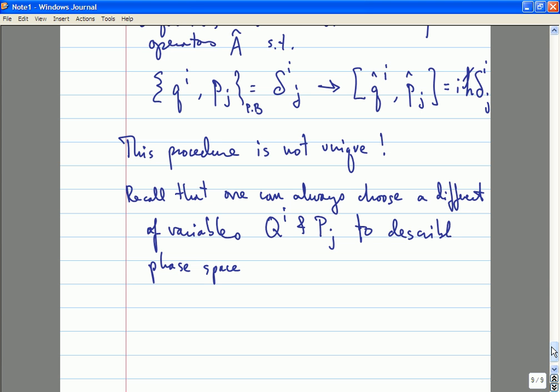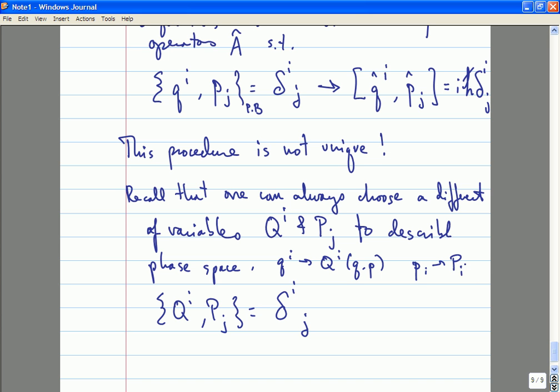So how do we describe this mathematically and precisely in classical physics? Well, what we need is to demand that these variables Qi and Pj have the same Poisson bracket as the original variables little qi and little pj. So in classical physics, we're always allowed to change our variables, to take little q to some big Q that's a function of q and p, and little p to big P, which is a function of q and p.